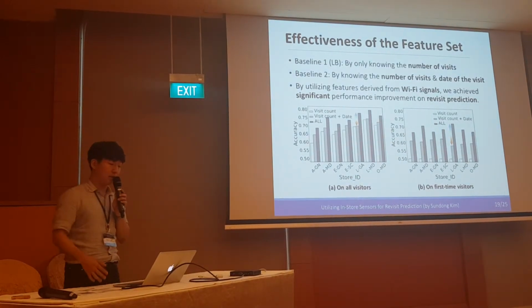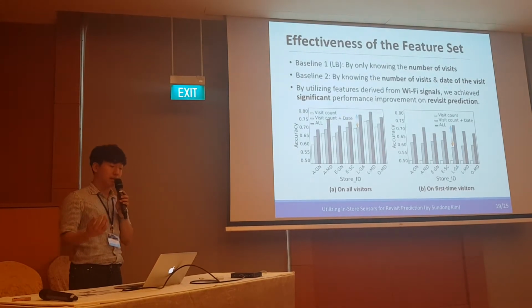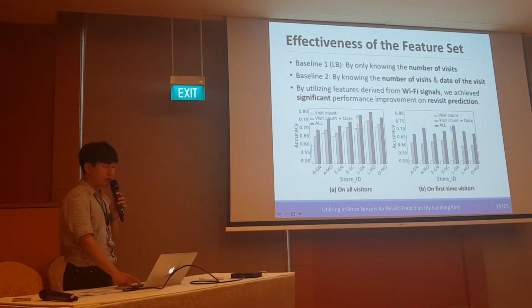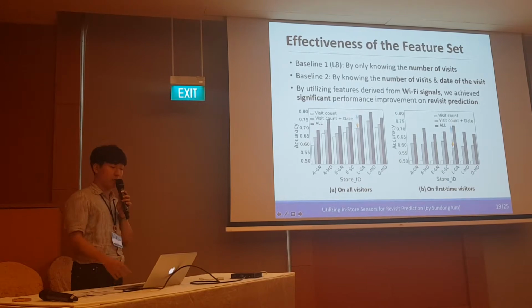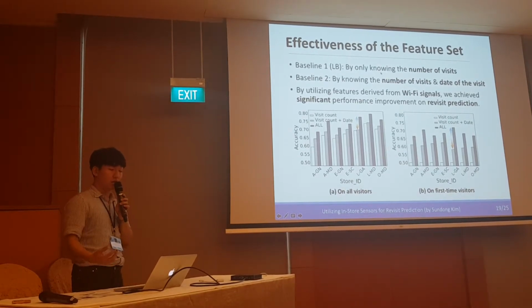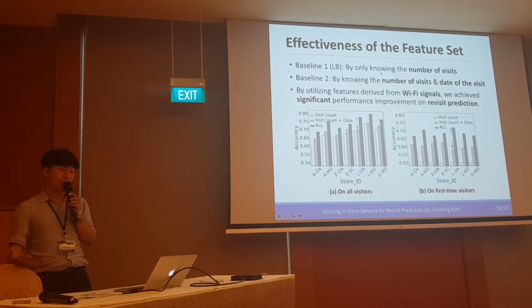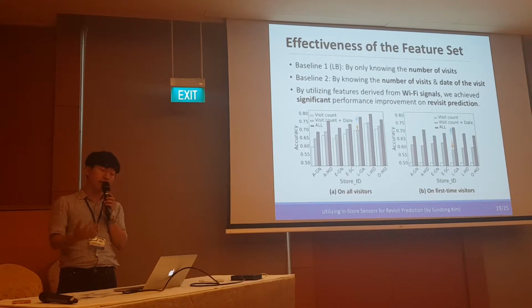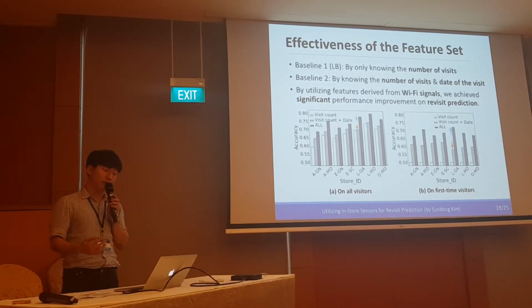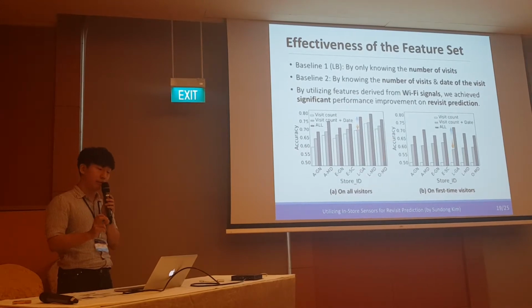And here we introduce the effectiveness of our mobility features. We compare our model with two baselines. The first baseline only uses the number of visits, since VIP customers revisit more and first-time visitors revisit less, so we can use that feature as a simple baseline.